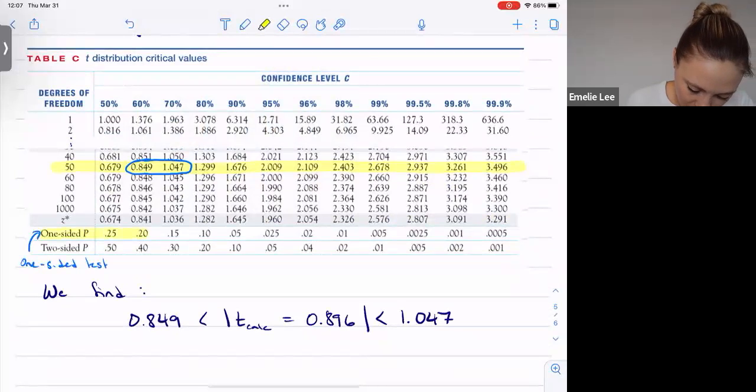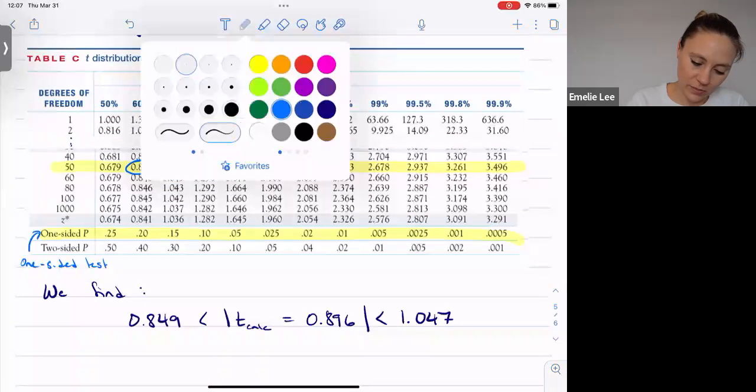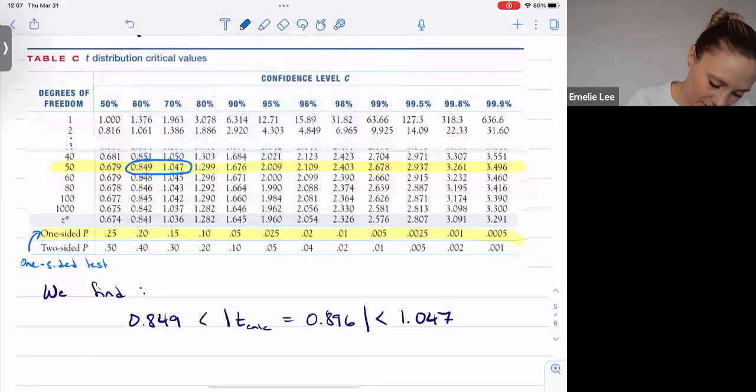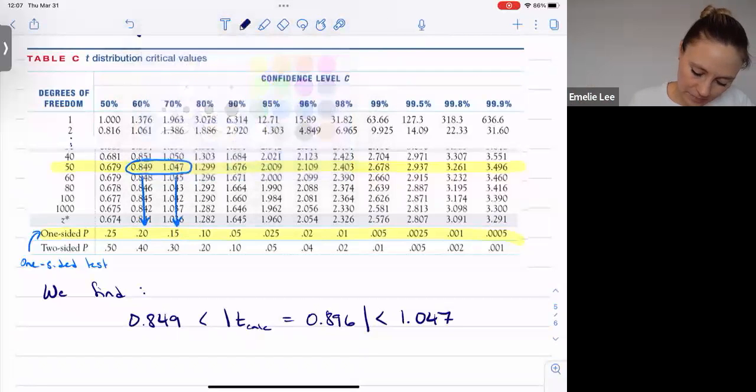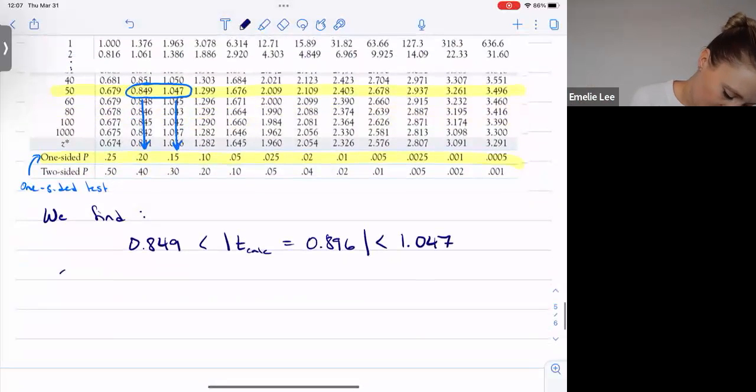So then I'm down here and I focus on this line. And what I'm going to find is that these two values that wrap around my calculated value, right, they map to some one-sided p-value, right? And it's really important that you read from right to left. Okay? And so here, I usually write so or therefore.